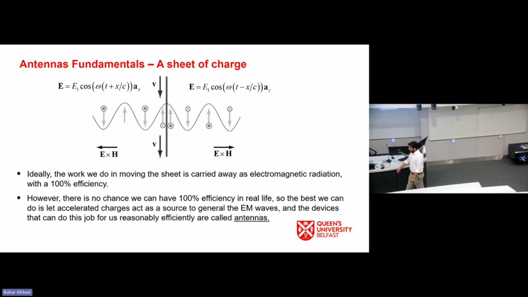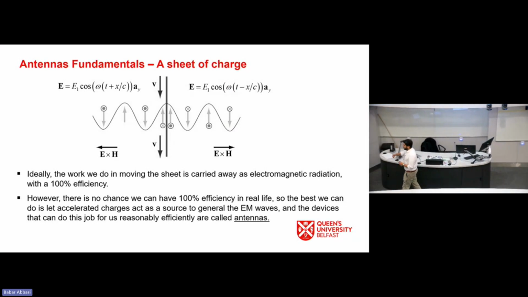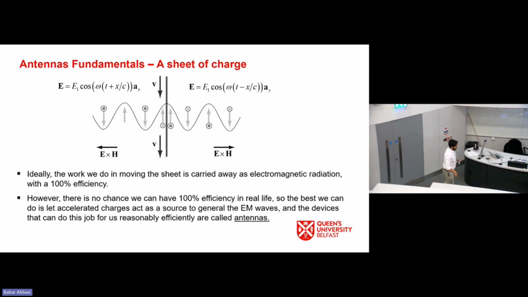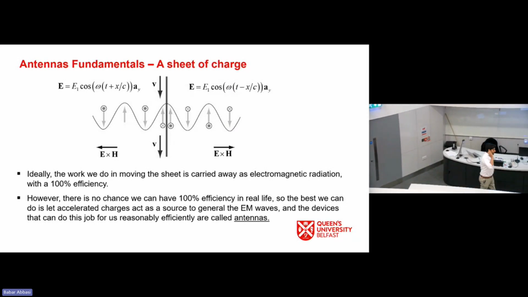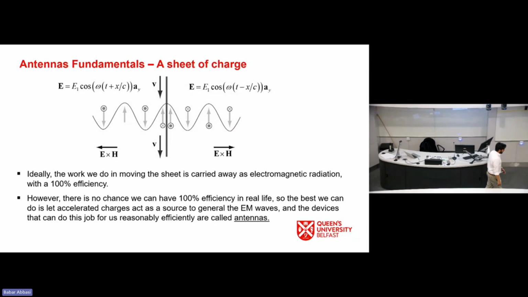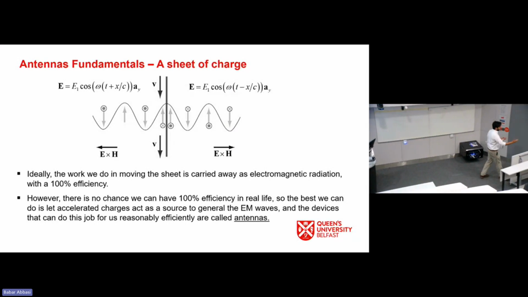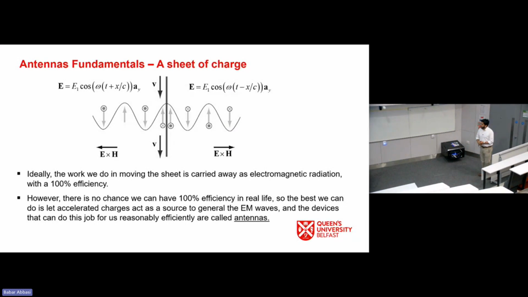particle up or down, then this information propagates through free space, because there's a variation in electric field, and that variation in electric field propagates through free space at the speed of light. We expanded this simple analysis towards a sheet of charge.